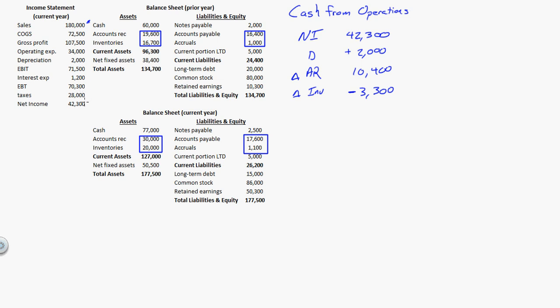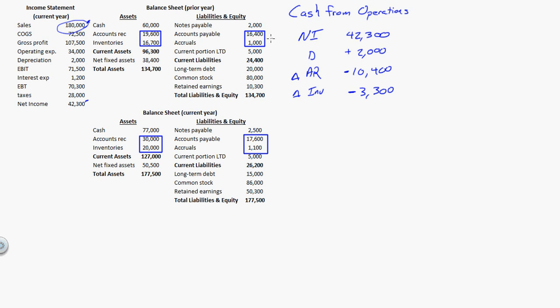So this net income is overstated in the fact that this 180 is not all cash that was paid, it's some on credit. So my accounts receivable go up. I'm essentially loaning money, right? So if I sell something on credit, I'm loaning you money. So my accounts receivable went up, I've loaned more money. Loaning more money is a negative cash flow.